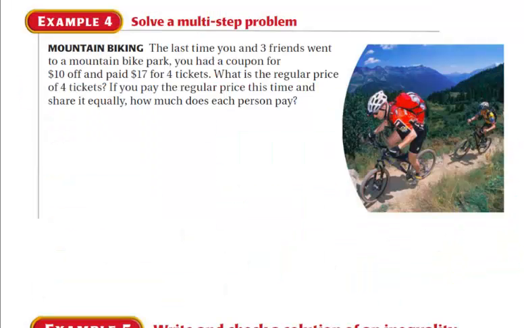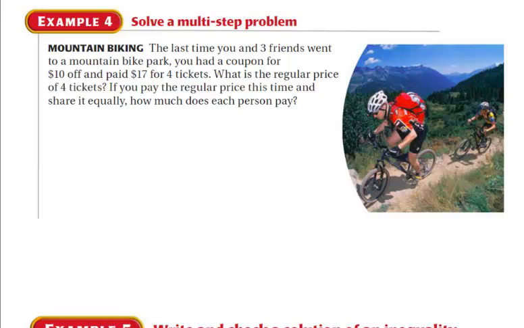Now let's move on to the next example. We have 2 more examples left, and then we're going to finish the lesson. The last time you and 3 friends went to a mountain bike park, you had a coupon for $10 off and paid $17 for 4 tickets. What is the regular price of 4 tickets?